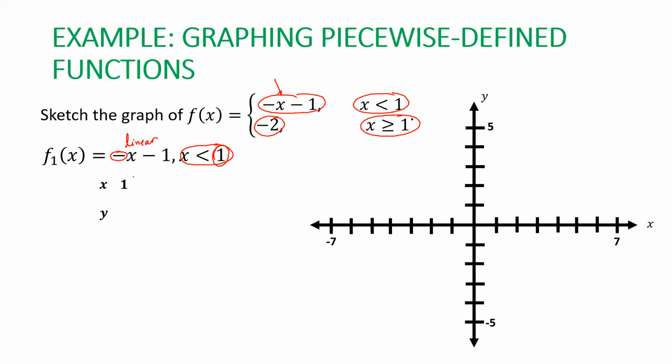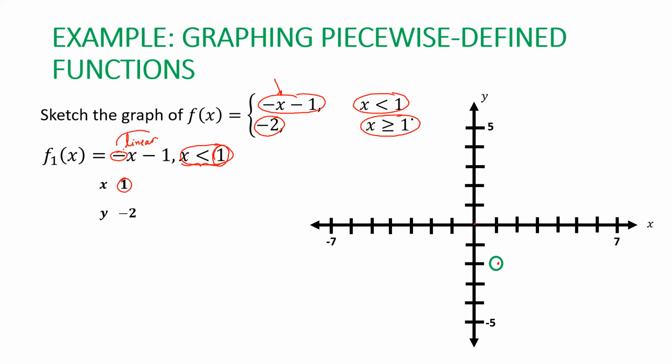So x equals 1 will be substituted here, and then the value of y will be negative 1 minus 1, which is negative 2. From the origin, we move 1 unit to the right and then 2 units downwards. This point will be represented by a hollow point because 1 is not included in this interval.